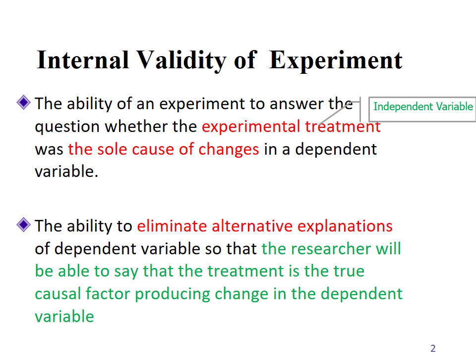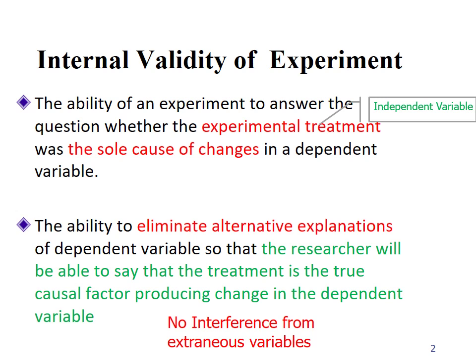So in this case, we eliminate all other alternatives and explanations. We would be able to say that only this independent variable made the changes, no other alternatives. So the researcher will be able to say that the treatment or the independent variable is the true causal factor producing change in the dependent variable.